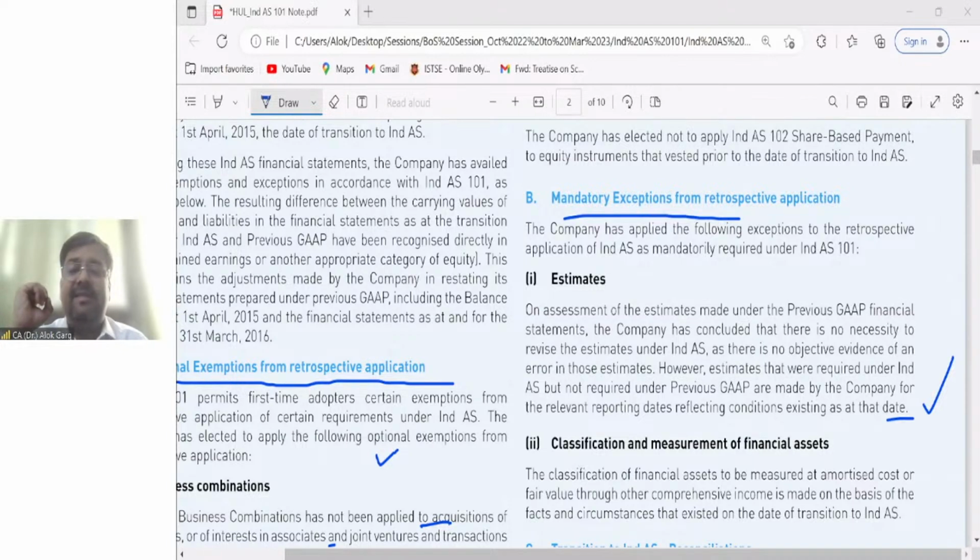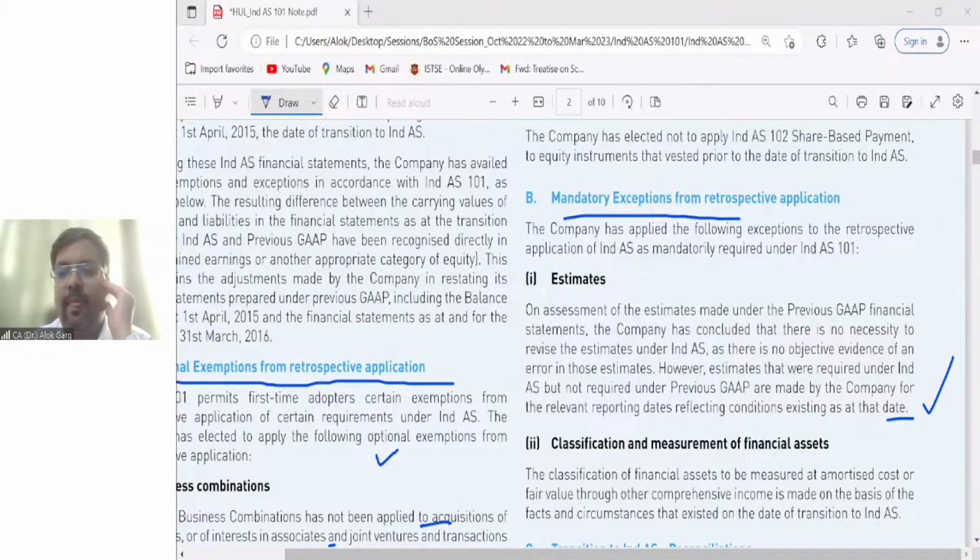Now the question arises: if something which is a financial asset or financial liability has been derecognized prior to the transition date from the books of accounts, is it possible to look at the provisions of Ind AS 109 to check whether it should have been derecognized or not as per Ind AS?